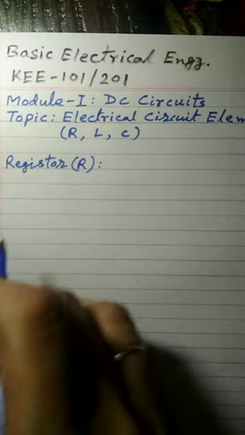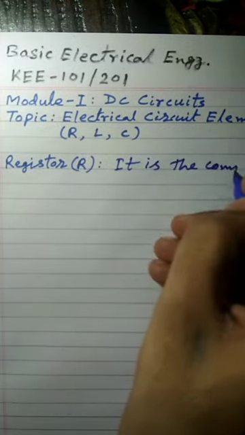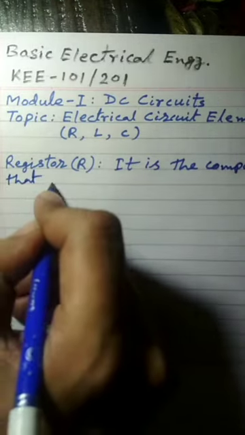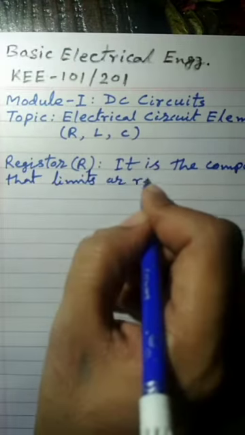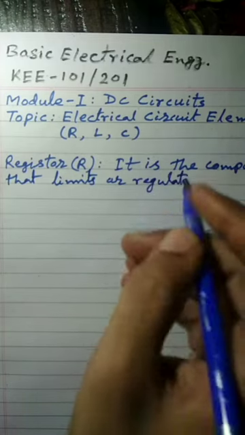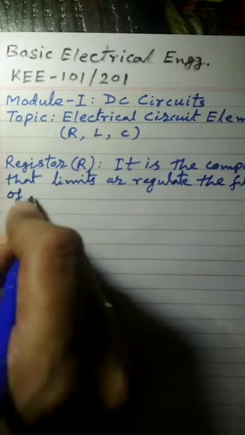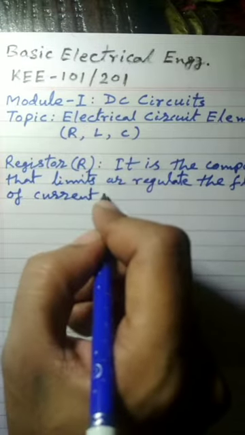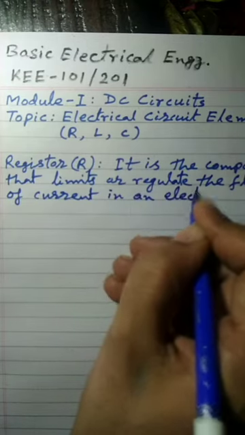So if we want to write the definition, it is the component that limits or regulates the flow of current in an electrical circuit.